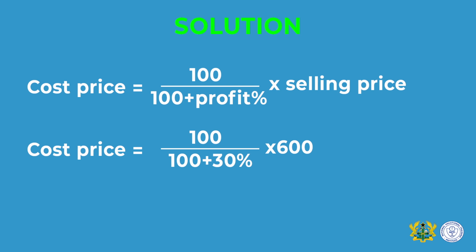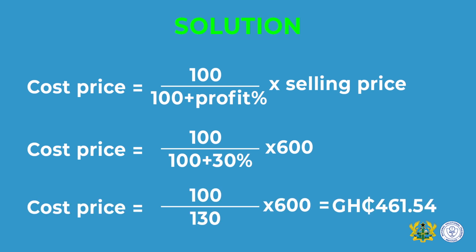And then that will give us 100 over 130 times 600, and we have 461 Ghana cedis, 54 pesewas. You could see that with the formula, life becomes so easy, isn't it? That is why I said earlier that try as much as possible to have the formulae at your fingertips, because we don't have them in the mathematical tables.